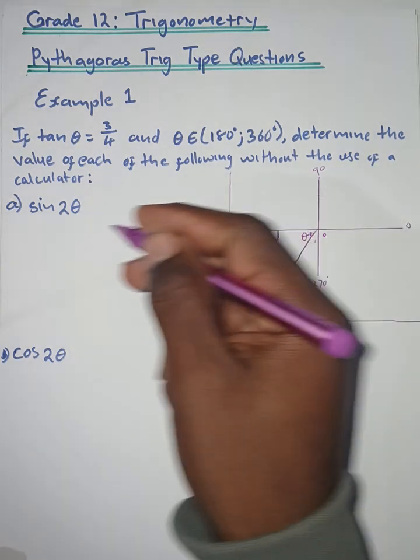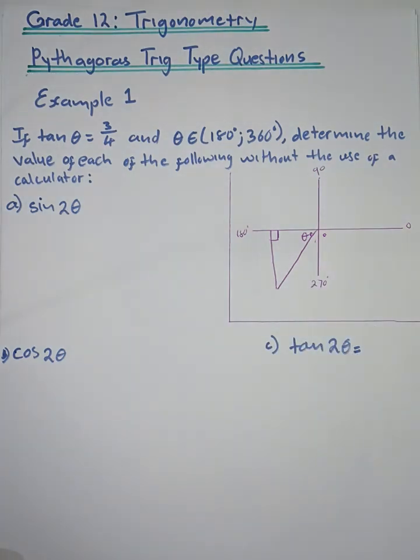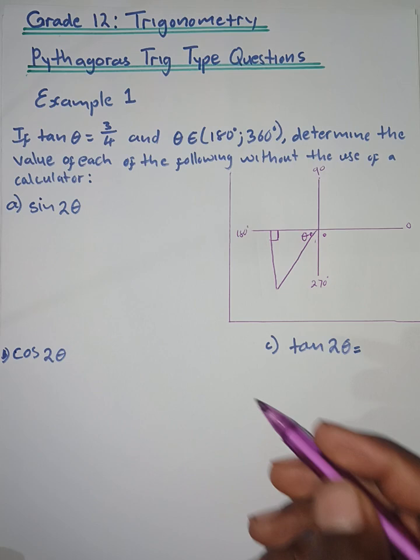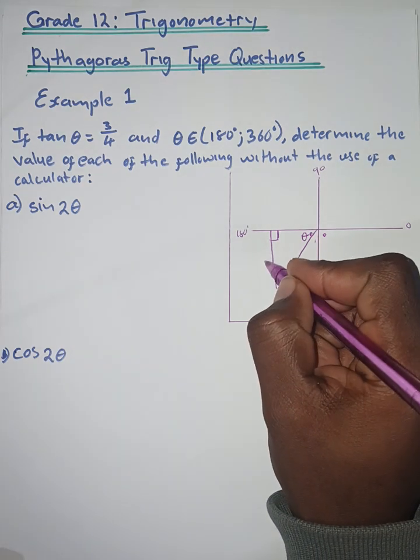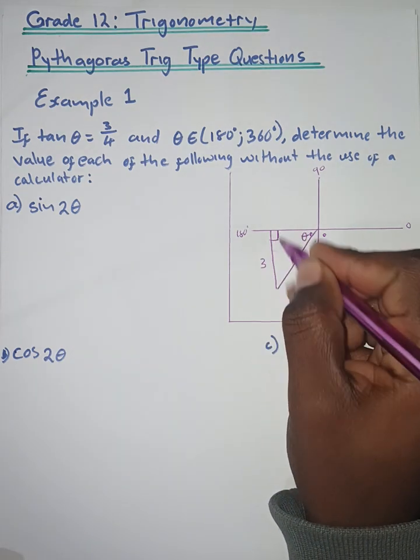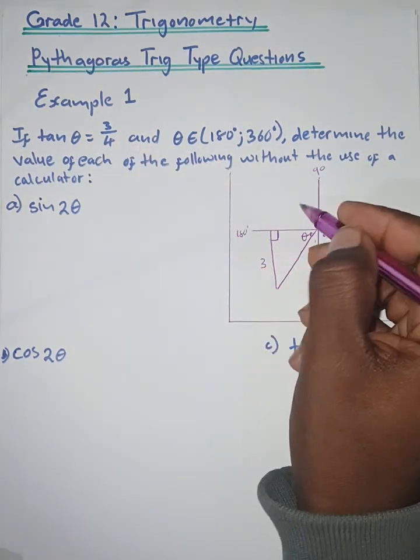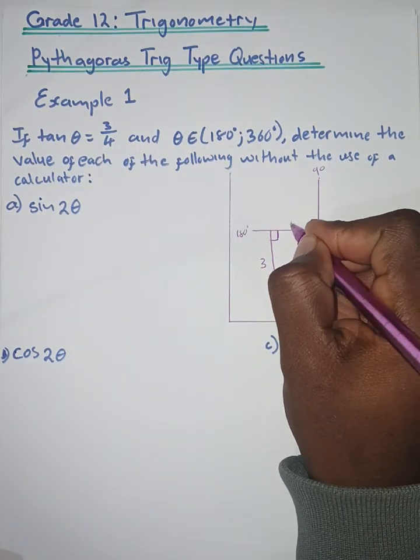Now, they say that tan of theta is equal to 3 over 4. So the 3 would be the opposite side, which is this portion here, that length there. And the 4 would be the adjacent, which is right there.